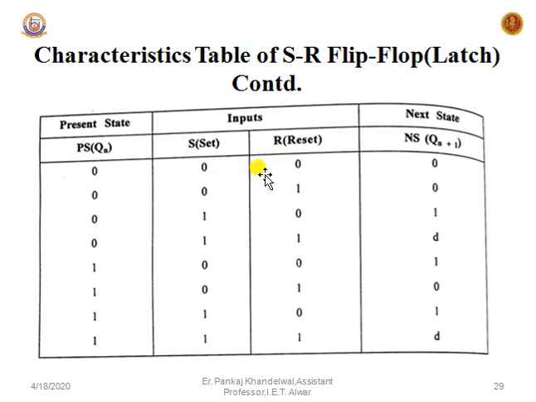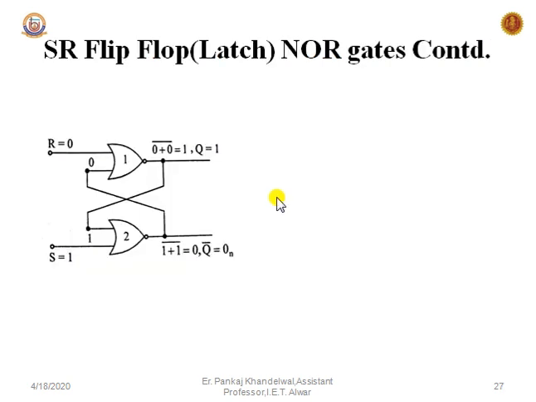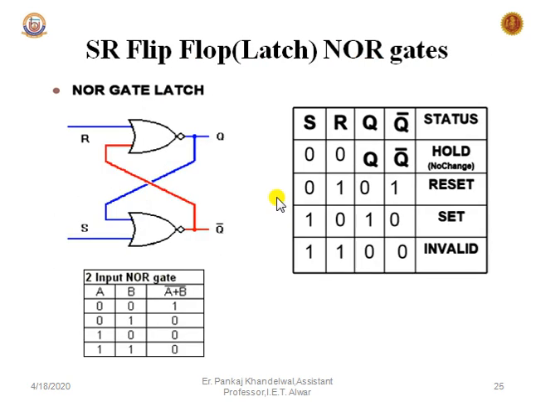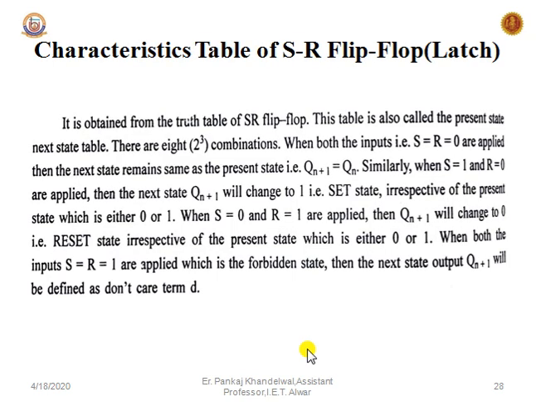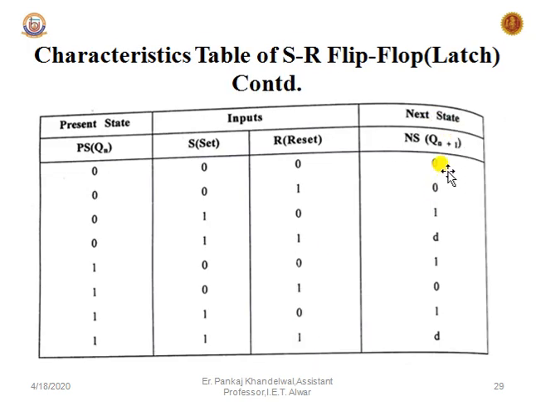In this case, when both S and R equal 0, the next state will be equal to the present state, so this next state will be equal to 0. After that, when set is 1 and reset is 0, this is called the set state, and the next state will become 1.